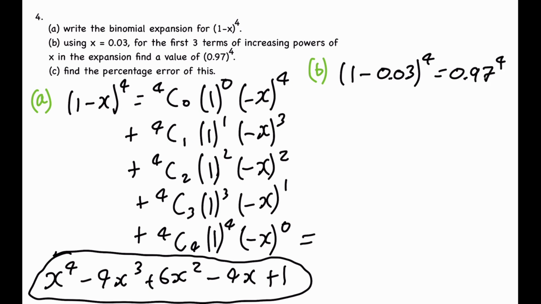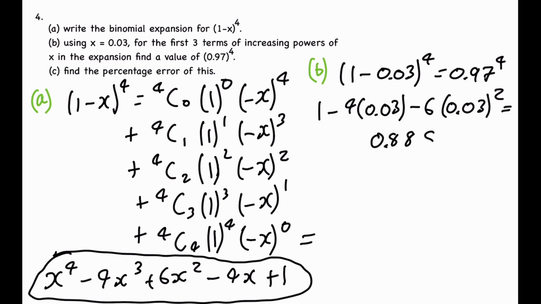So if we substitute into increasing powers of x, we'll get 1 minus 4 times 0.03, because we're substituting x as 0.03 to approximate our expansion for this, plus 6 times 0.03 squared, which is equal to 0.8854.